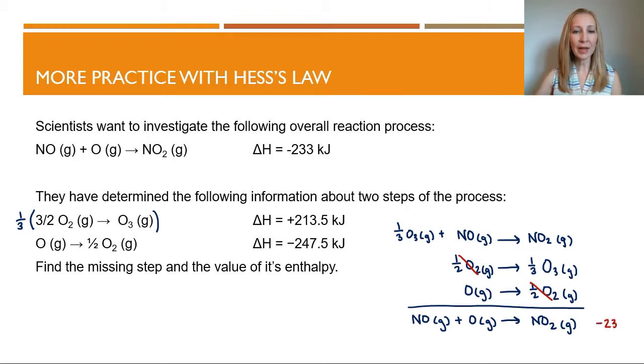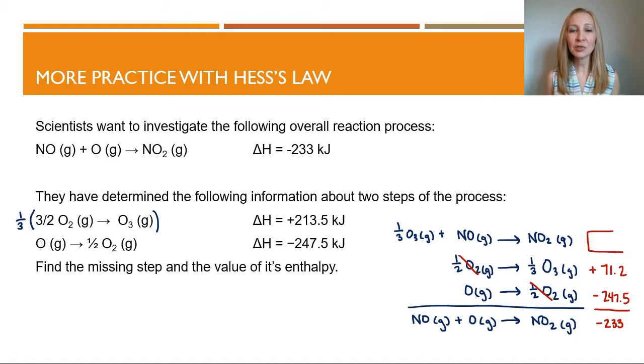Now I also know that the reaction here, this negative 233 kilojoules is known, and negative 247.5 for that step, and I need to take 1/3 of that previous step that I took a third of. So 1/3 of 213.5 is about 71.2.